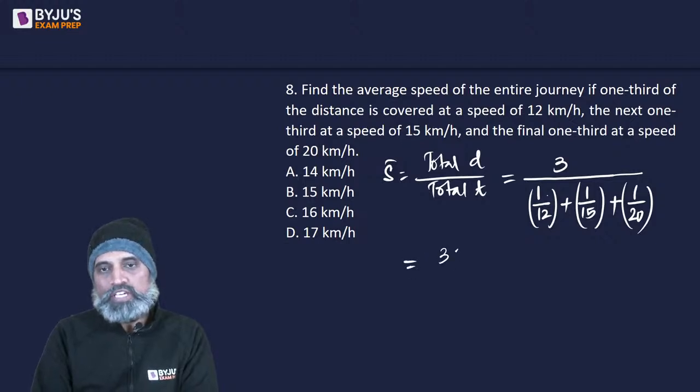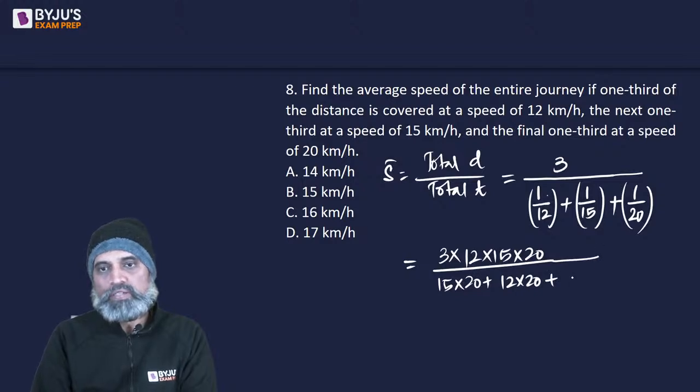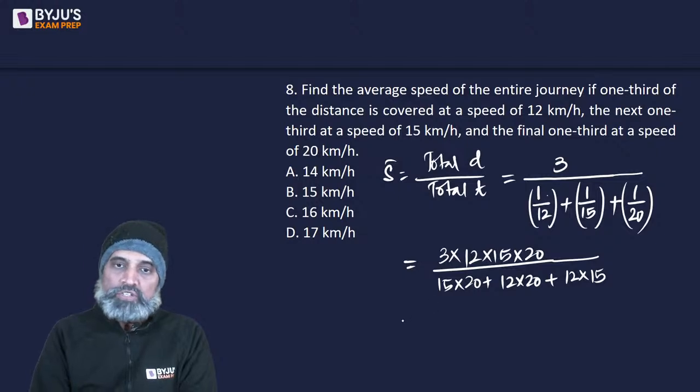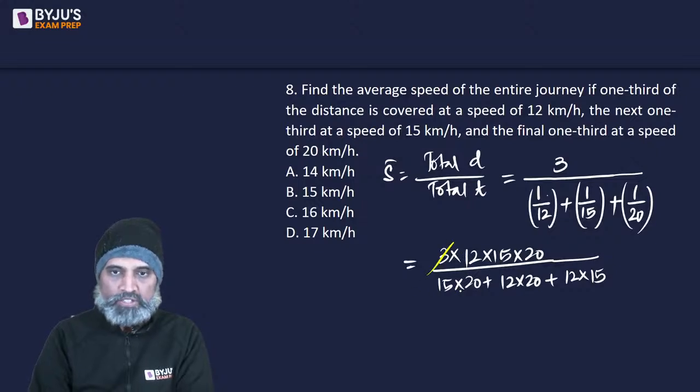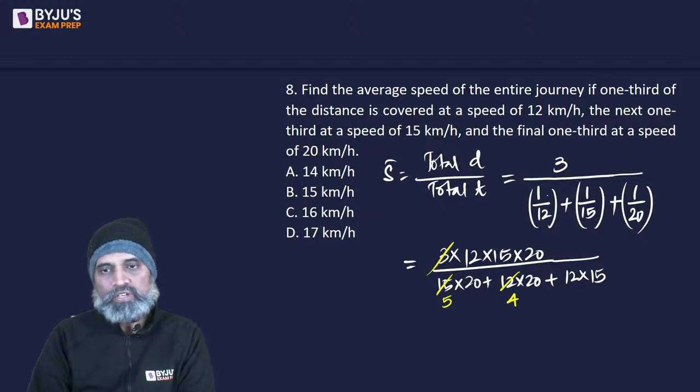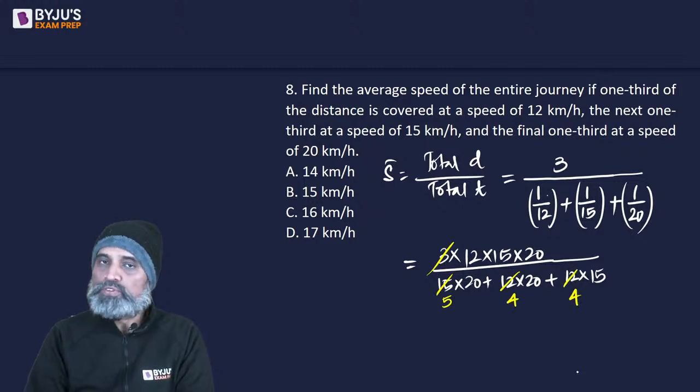So this is going to give us 3 into 12 into 15 into 20 whole divided by 15 into 20 plus 12 into 20 plus 12 into 15. So we can cancel out a few things that are common, which I believe there is going to be a 3 first of all. So this becomes 5, this becomes 4, this again becomes 4.